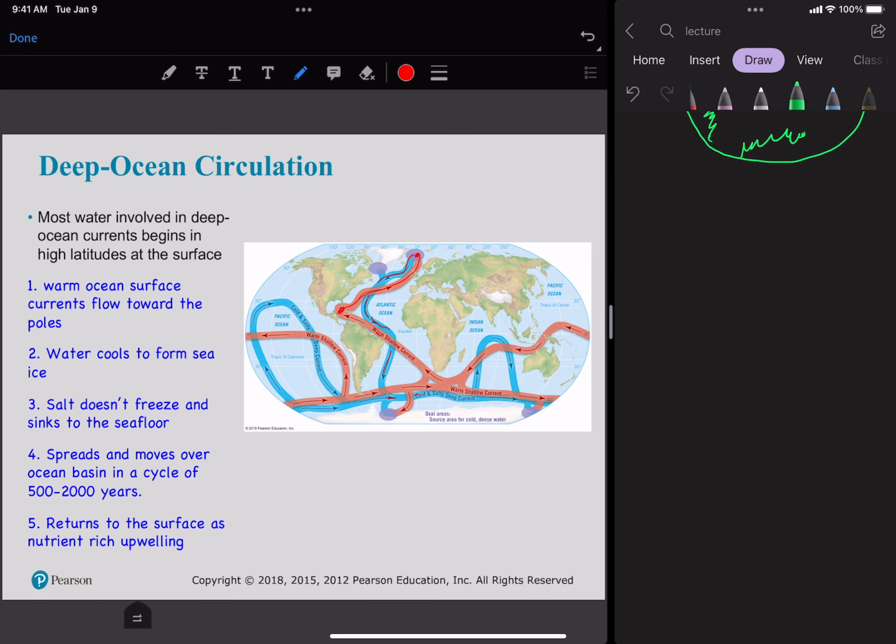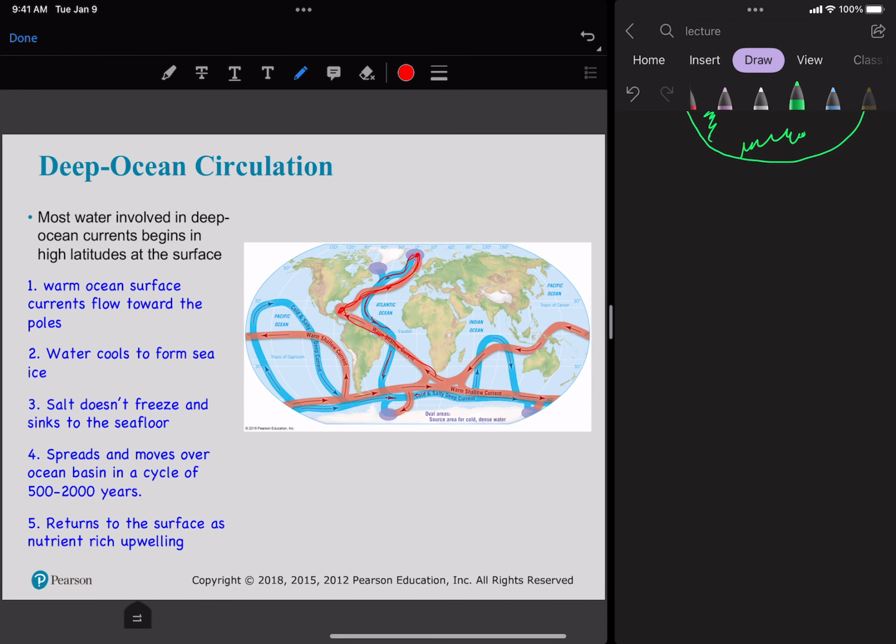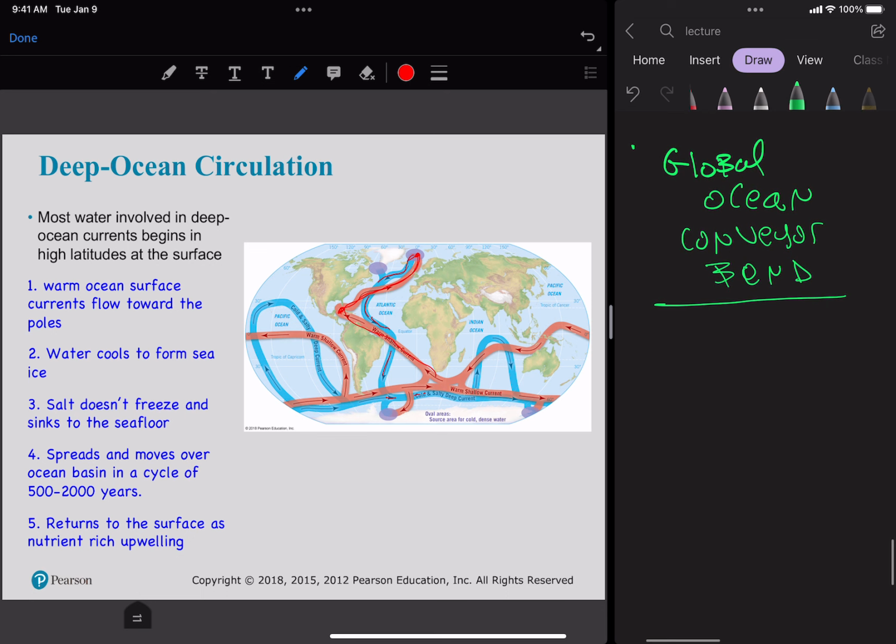This circulating path looks like a conveyor belt, so we call this the global ocean conveyor belt. It's a complicated process, but we're just going to concentrate on the simple ideas. And the simple idea is this.